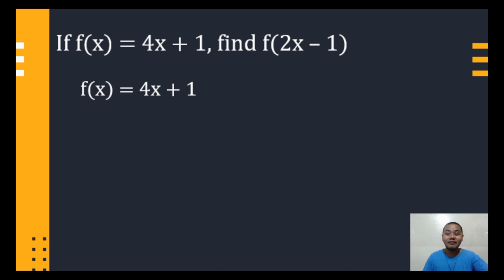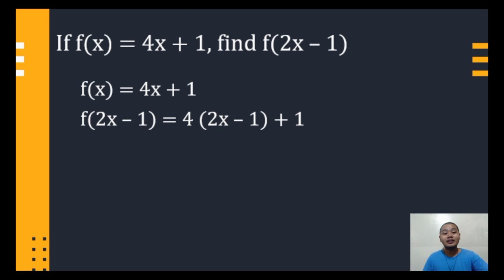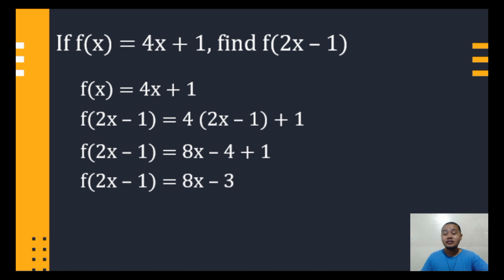So we will have f of 2x minus 1 is equal to 4 times the quantity of 2x minus 1 plus 1. So ang gagawin natin dito is going to distribute 4 doon sa 2x minus 1. So we will have 8x minus 4 plus 1. Simplifying this expression, so this will become 8x minus 3.